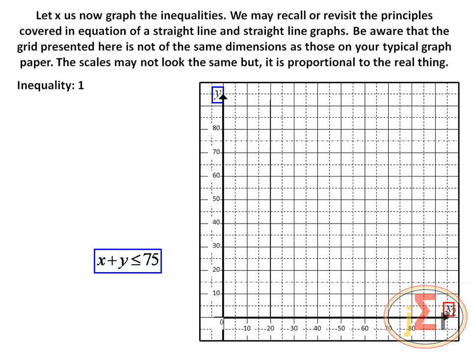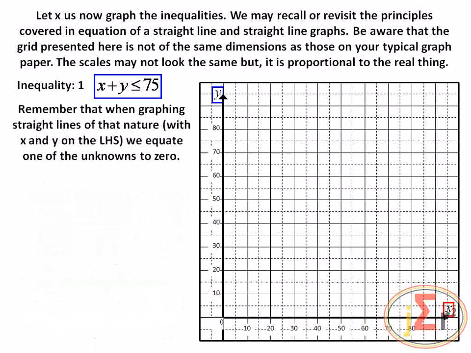So inequality 1, x plus y is less than or equal to 75. Remember that when graphing straight lines of this nature with x and y on the left hand side and a constant on the right hand side, we equate one of the unknowns to 0.